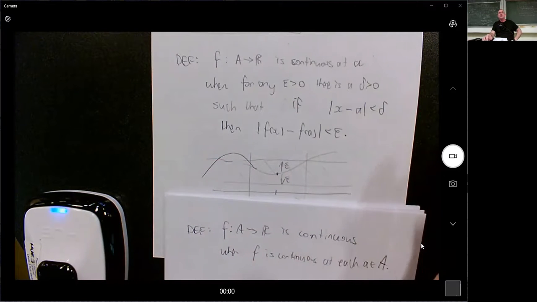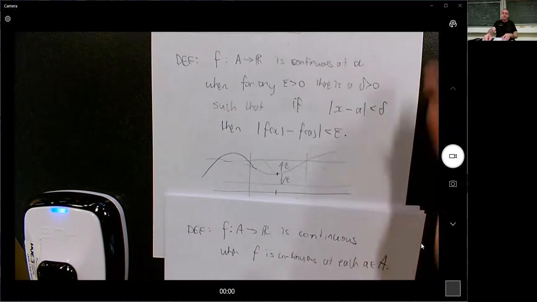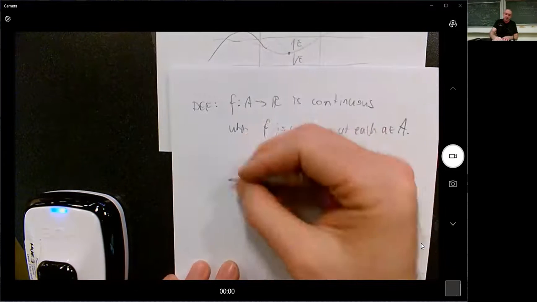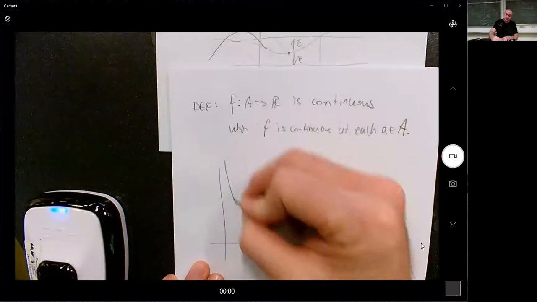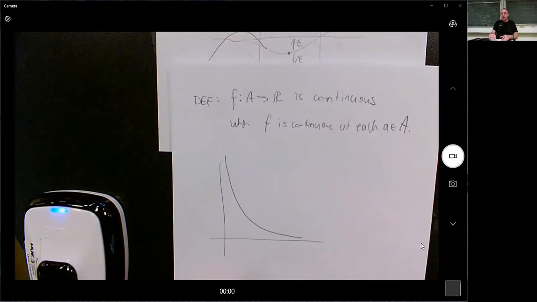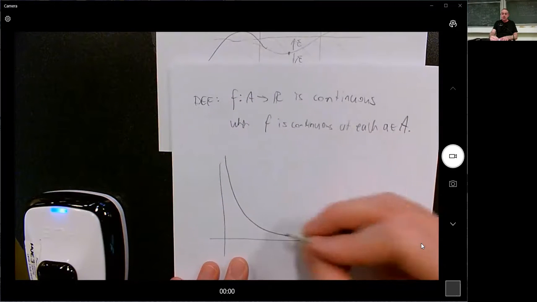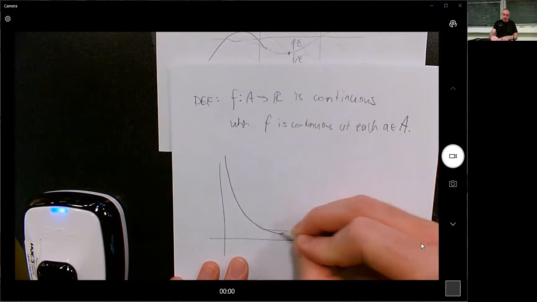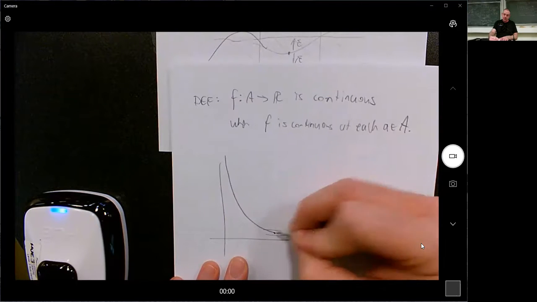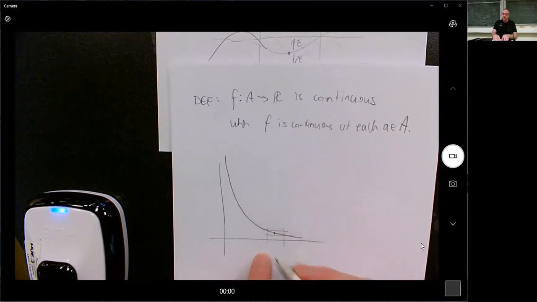So there are some functions that shoot upwards. I want to point something out here. This function, like 1 on x, for example, if you want to be within that epsilon of this point, then your delta could be this wide.